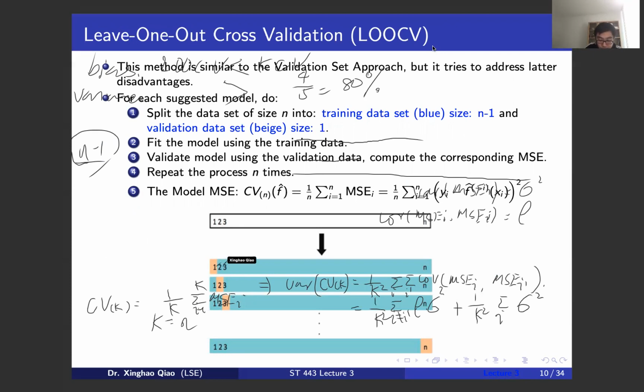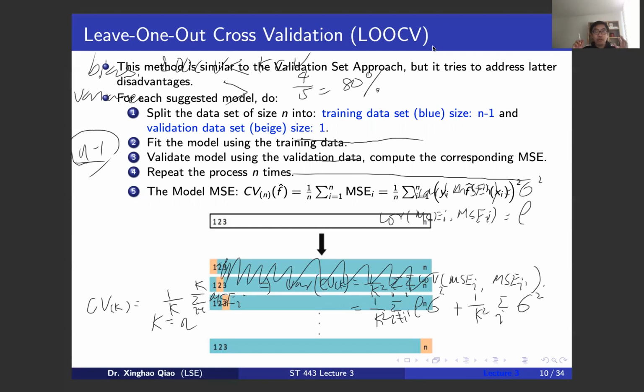For the second time, you treat the second observation as the testing set and the remaining as the training set. You can see that the two training sets have a very high overlap of observations. From the third observation up to the nth observation, these are common observations in the two different training sets.